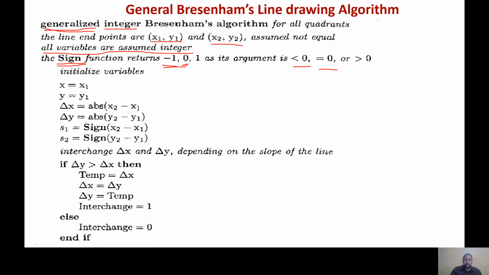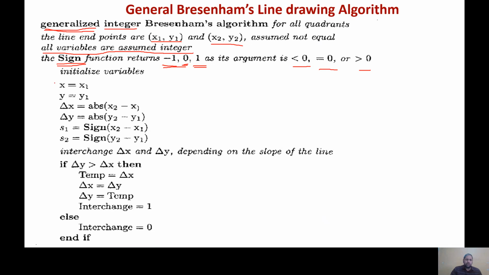It indicates there is no need to add any value to it. It may happen if the value of x2 and x1 is the same, or y2 and y1 is the same. And if it is greater than 0, it is going to return the value 1, so I will increment it by 1. So this sign function will decide whether I am going to increment or decrement the x and y value by 1, or add 0.